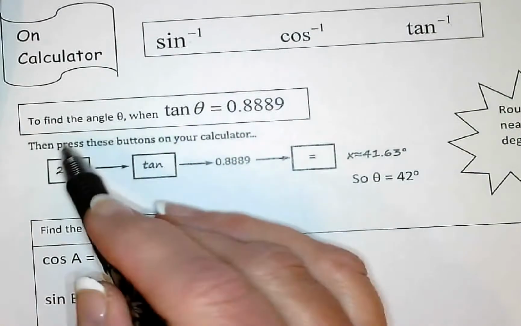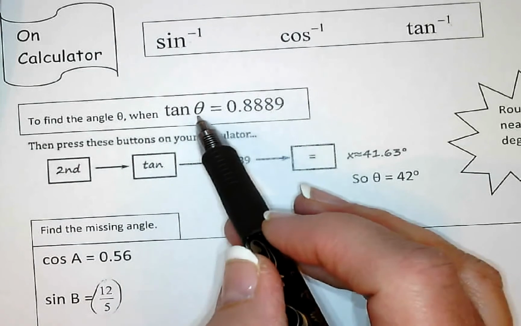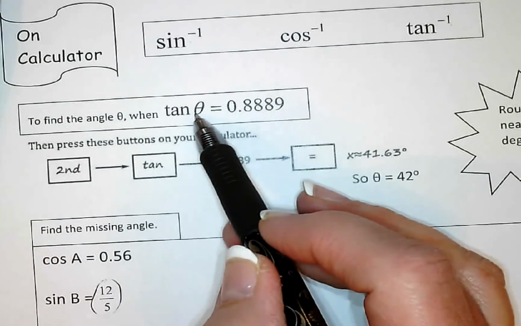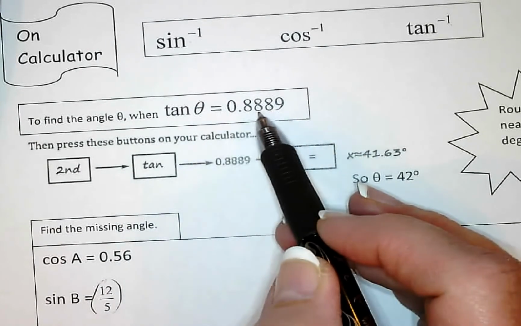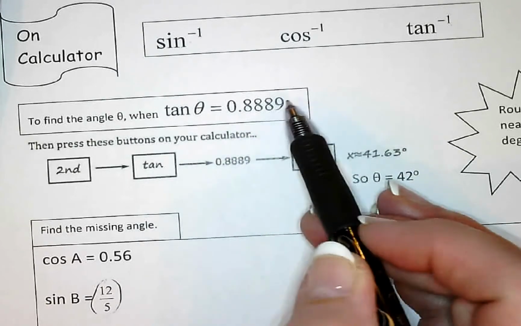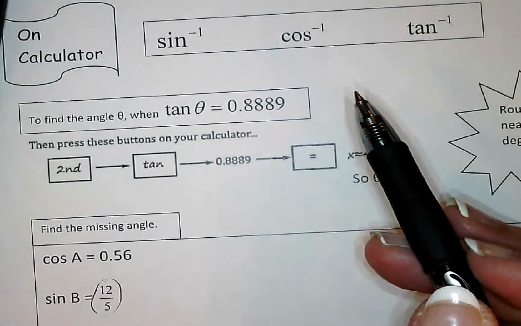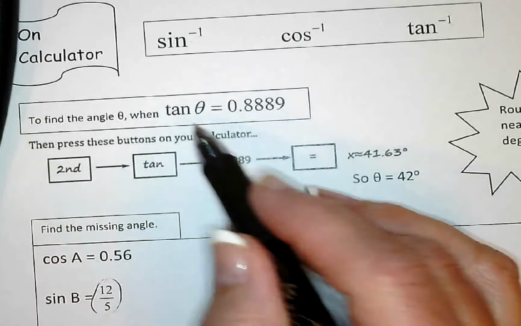So again, we're going to find a missing angle. So if the angle is theta, we don't know it, we've got to find it, and that decimal portion is 0.8889, I can look it up on the chart like we did before, or I can use my calculator by using the inverse.